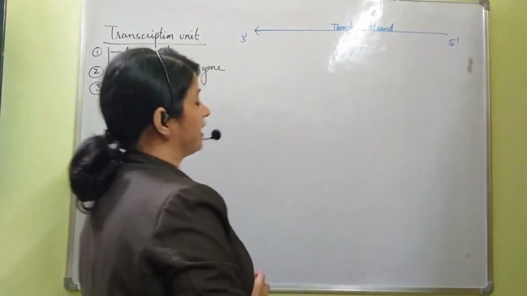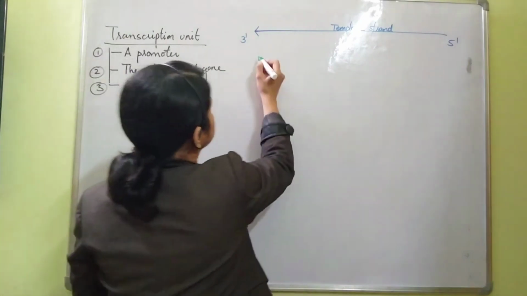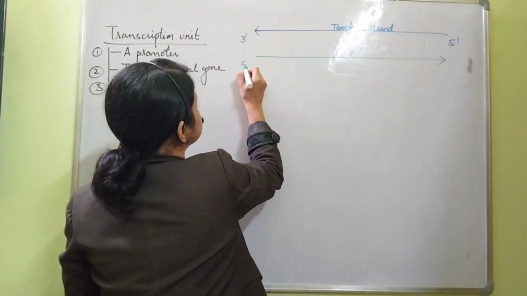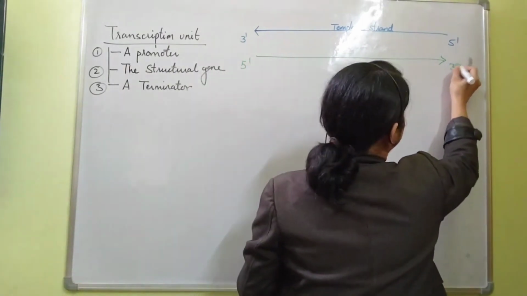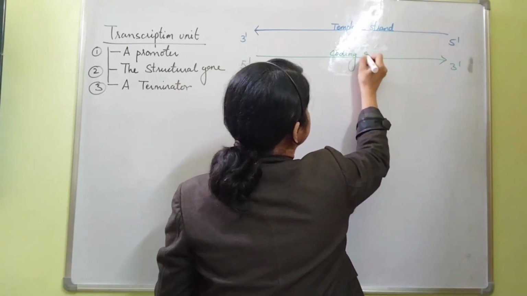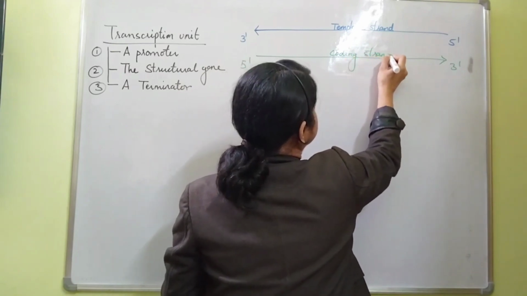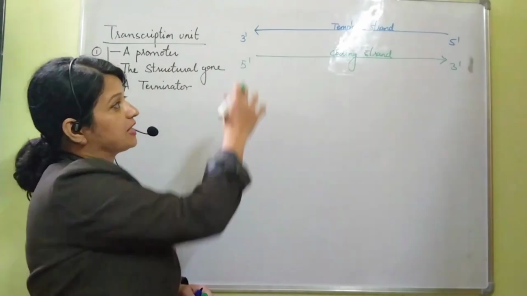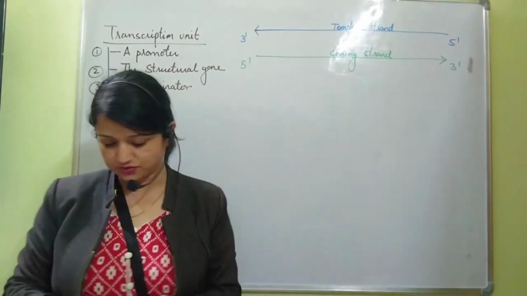And the other strand which has polarity 5' to 3' is known as the coding strand. So in a double-stranded DNA there are two strands, the template strand and the coding strand.